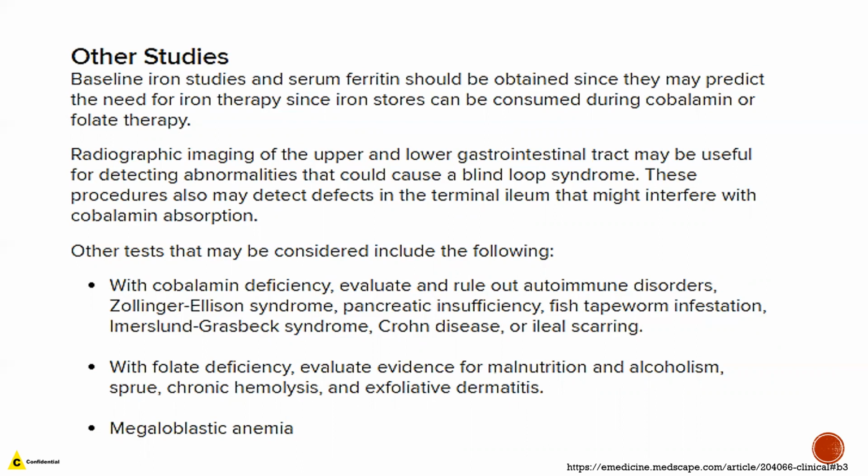Other tests that may be considered include the following: with cobalamin deficiency, evaluate and rule out autoimmune disorders, Zollinger-Ellison syndrome, pancreatic insufficiency, fish tapeworm infestation, Crohn's disease, or ileal scarring. With folate deficiency, evaluate for evidence of malnutrition and alcoholism, chronic hemolysis, exfoliative dermatitis, and megaloblastic anemia.